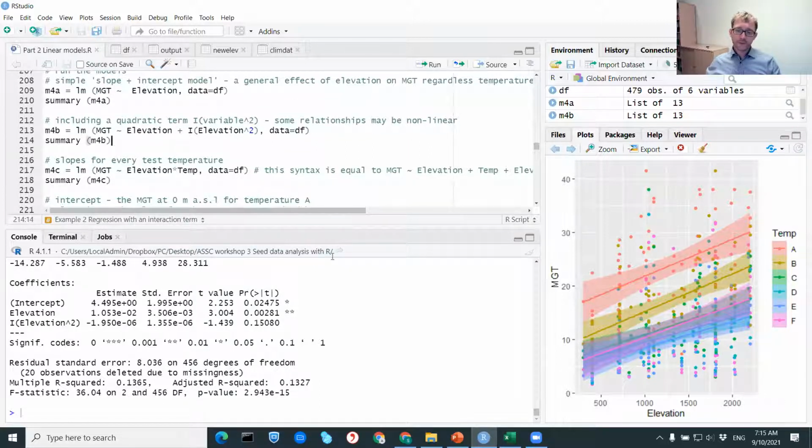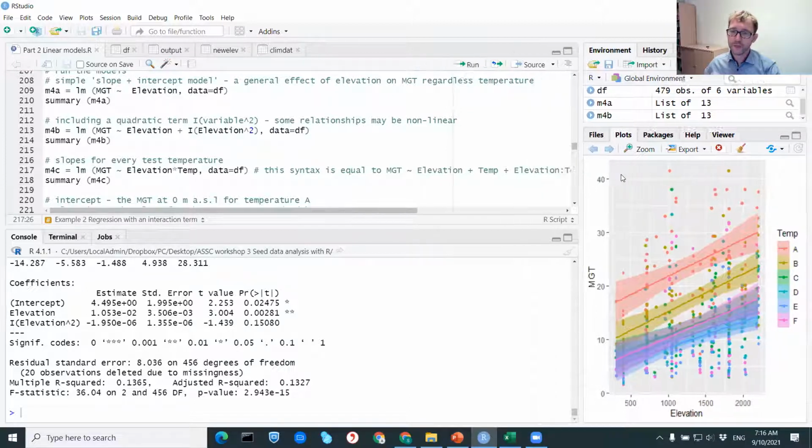Now, if you remember, we have 6 test temperatures, and I could assume that the power and nature of this relationship might also be dependent on test temperature, right? And for example, here I could include an interaction term.